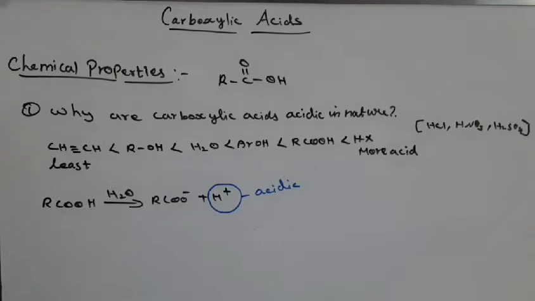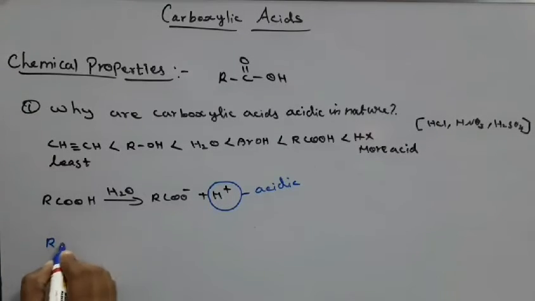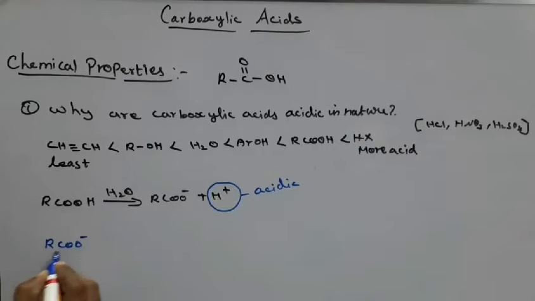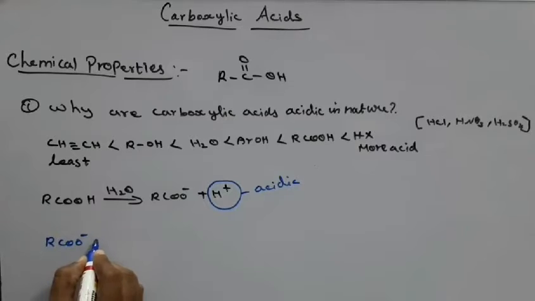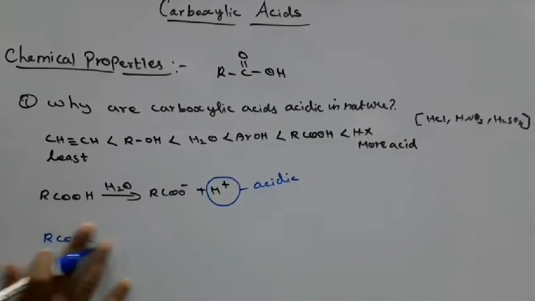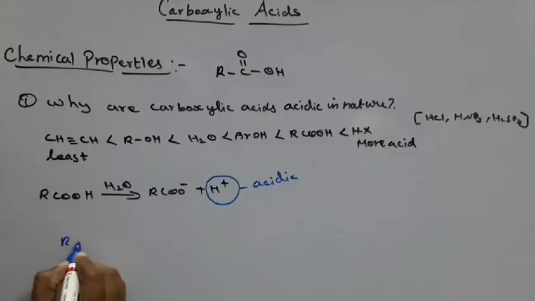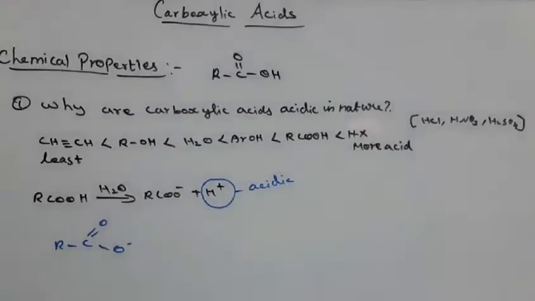Here, this carboxylate anion undergoes dispersal of charge, it undergoes resonance structures. Let me write it like this: C double bond O and O with a minus charge.